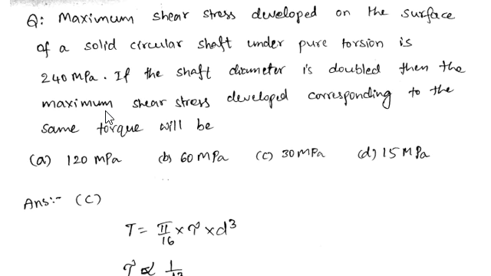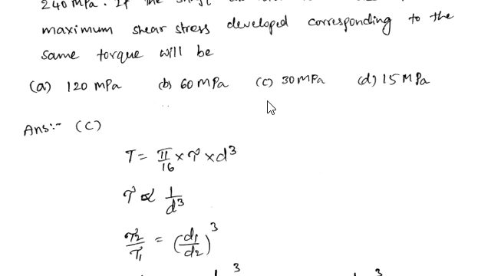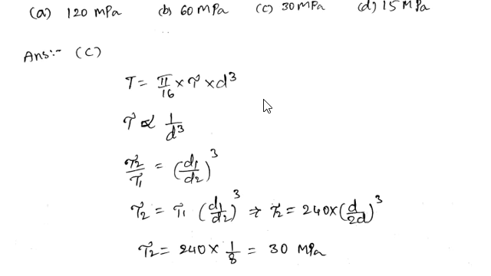And in the second case, if the shaft diameter is doubled, what will be the shear stress for the same torque is asked. So we know the torque transmitted by a solid circular shaft, the equation is T is equal to pi by 16 tau d cube.